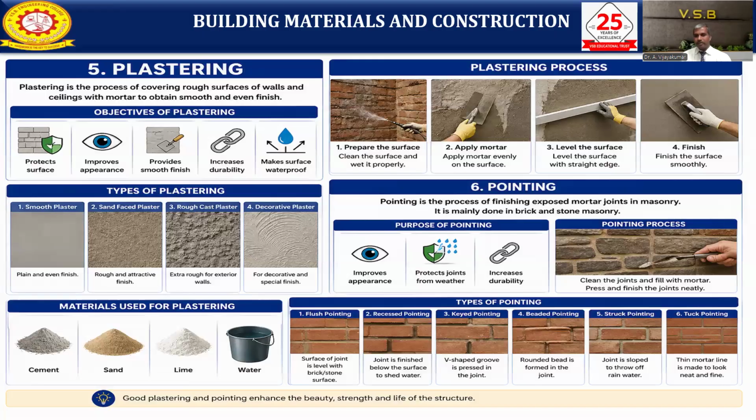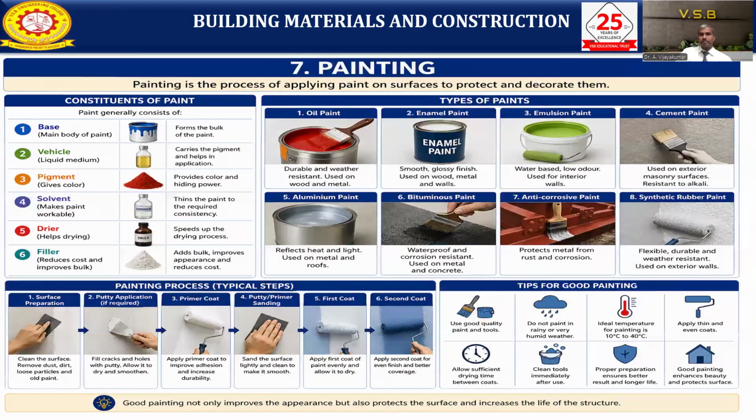In beaded pointing, a rounded bead is formed in the joint. In struck pointing the joint is sloped to throw off rainwater. Tuck pointing uses a thin mortar line, which makes it look neat and fine. It is based on the customer requirement and where the application is, that you can use the pointing system.